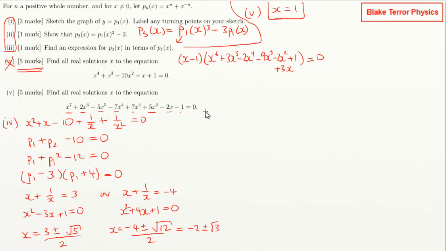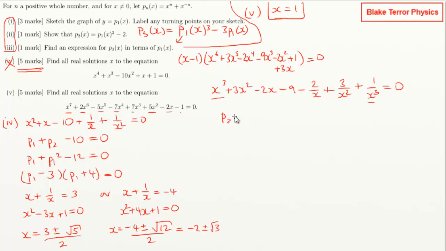Right, so now we've got something which is in x to the 6, so divide by x cubed: x cubed plus 3x squared minus 2x minus 9 minus 2 over x plus 3 over x squared plus 1 over x cubed equals 0. So that is P3 gives us that one and that one.